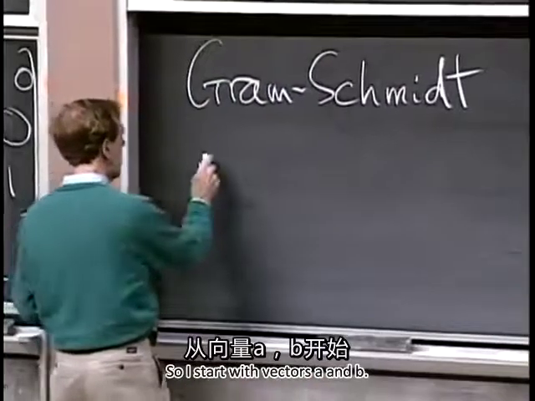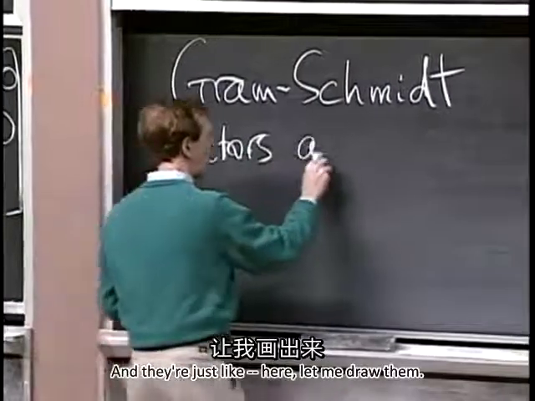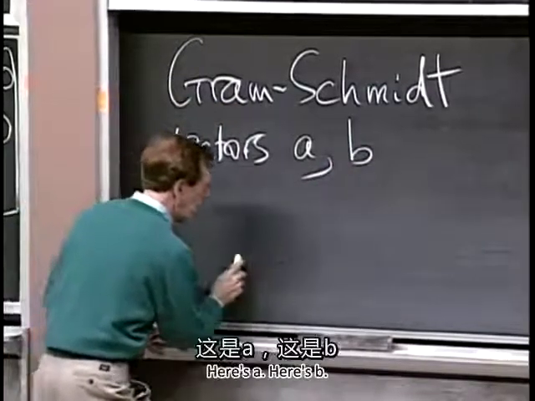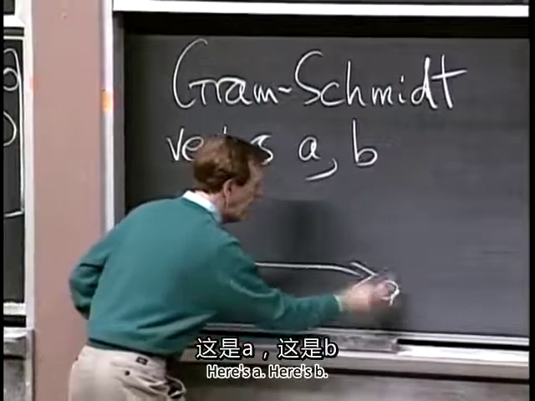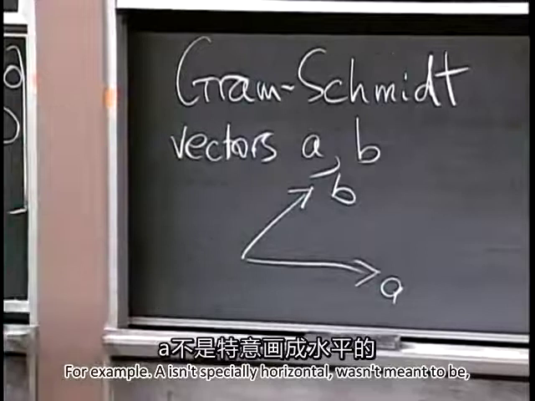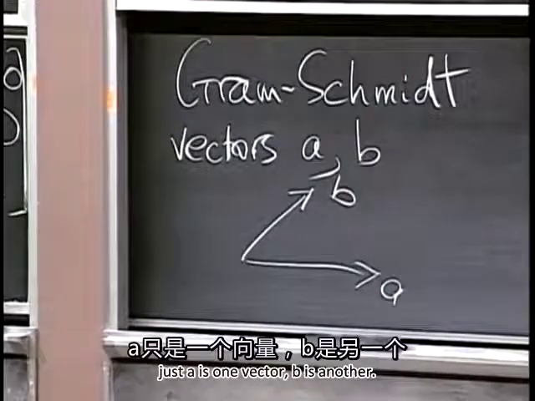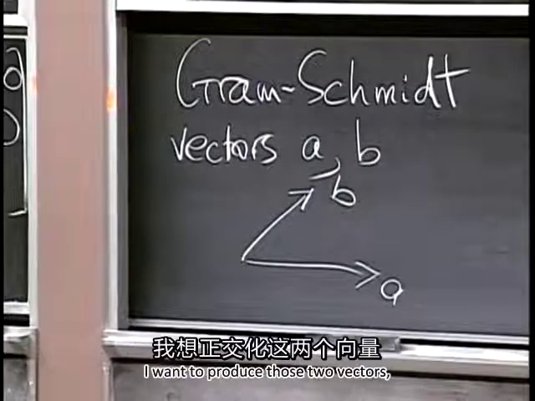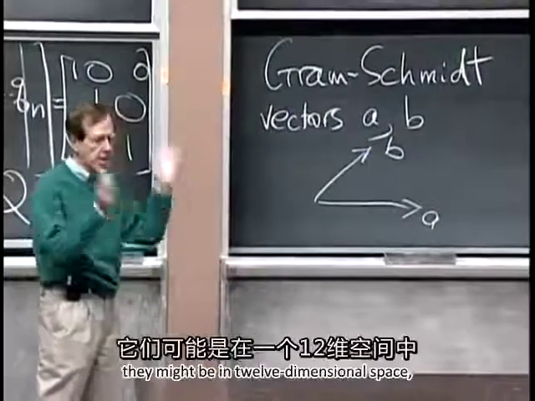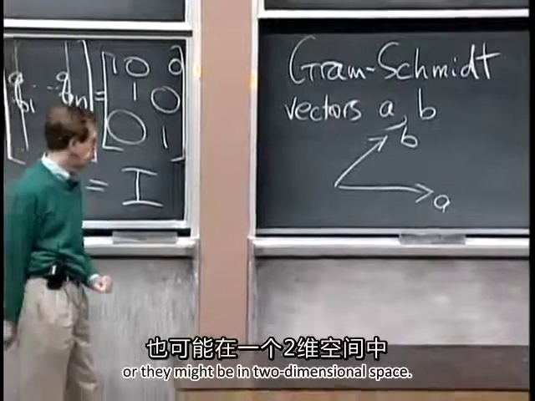So let me start with two columns. I start with vectors A and B. Let me draw them. Here's A. Here's B. For example, A isn't specially horizontal, wasn't meant to be. Just A is one vector, B is another. They might be in 12-dimensional space, or they might be in 2-dimensional space.